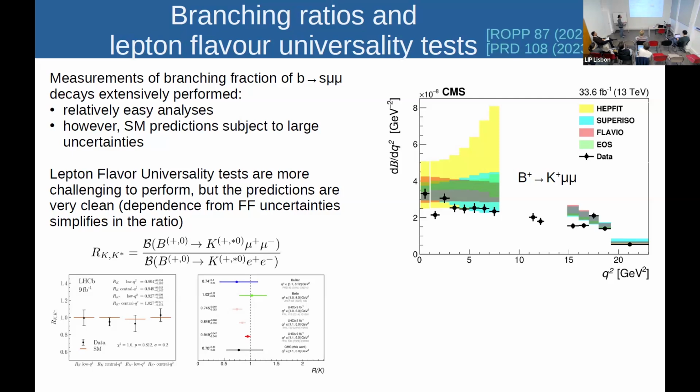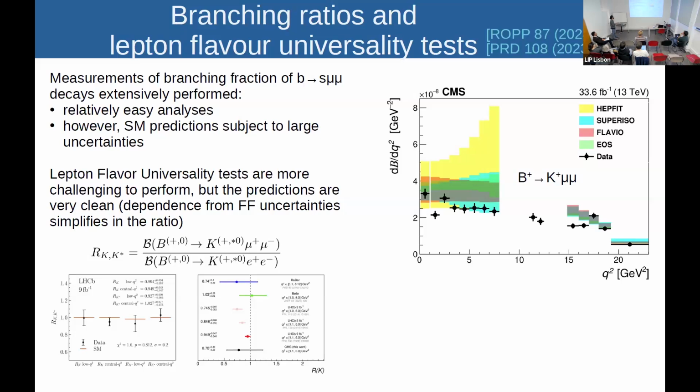They use different ways of computing non-local form factors, and each of them is subject to different uncertainties, but in general, this comparison between experiment and theory is almost always dominated by the uncertainties on these non-local form factors.